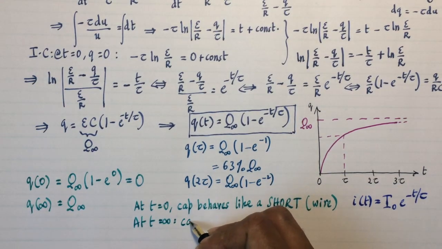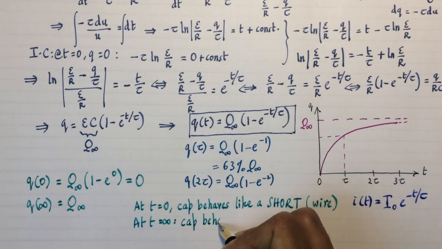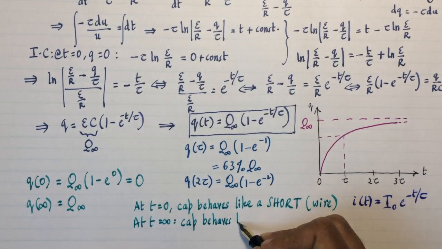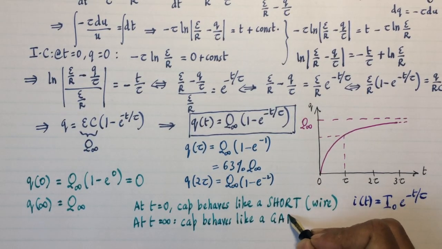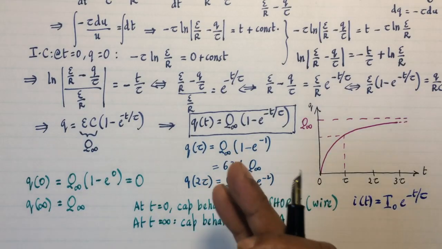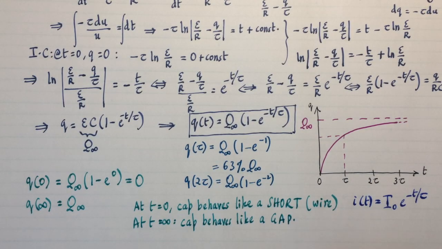It behaves like a brick wall. And in electrical engineering, you don't say brick wall, it behaves like a gap. It's as though the circuit has been cut with a pair of scissors and no current flows. So these two are extremely useful limits to analyze the asymptotic nature of circuits in general.